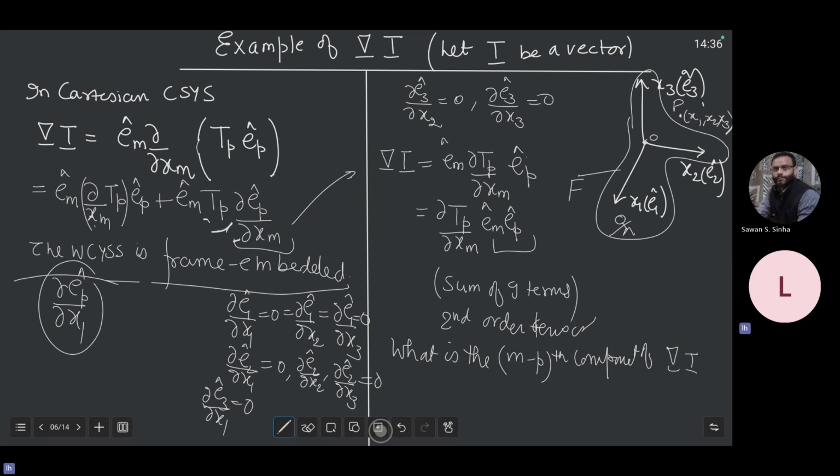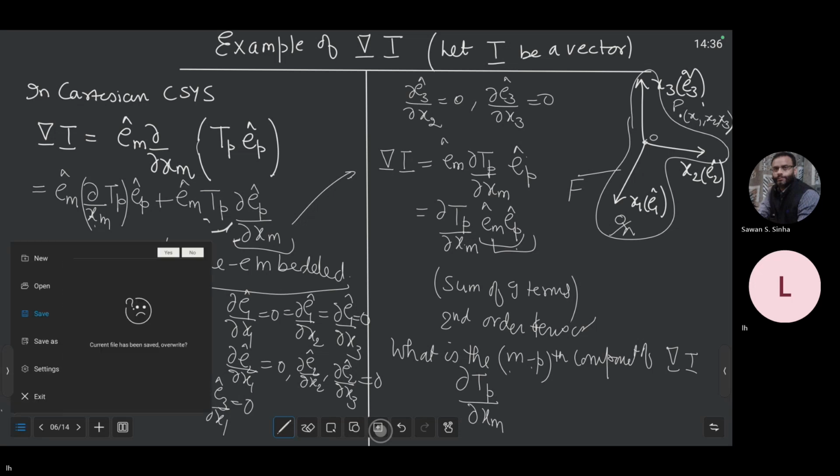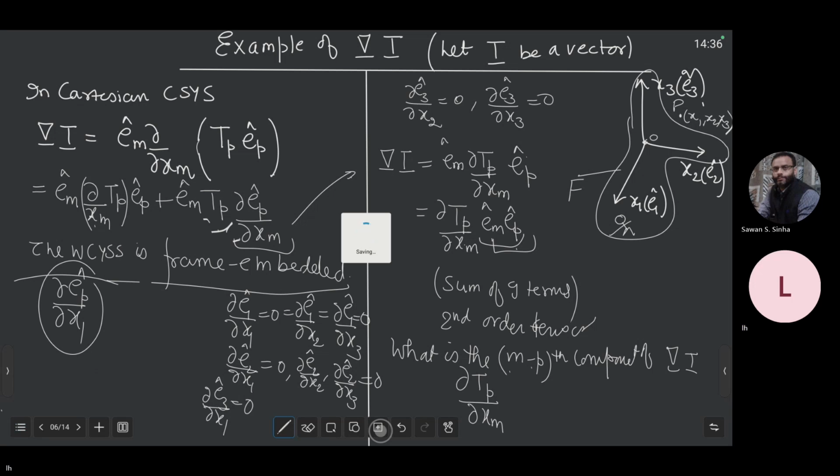Keep this in mind. Later, this is something that we get confused about. P up, M down, because here it is like this and this is EM. Now I'm talking about the mth component. The mth component, that order is controlled by this. Okay. Fine. Any questions? Is it clear?